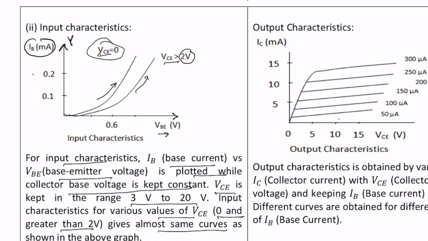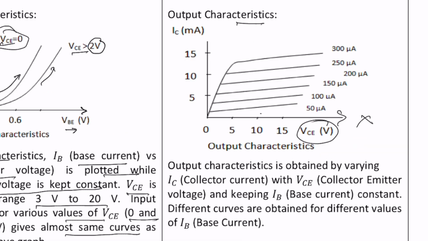Now let us study the output characteristic of transistor. Here in the x-axis we have plotted the collector emitter voltage, and in the y-axis we have taken the collector current in milliampere. The output characteristic is obtained by varying the collector current with collector emitter voltage.